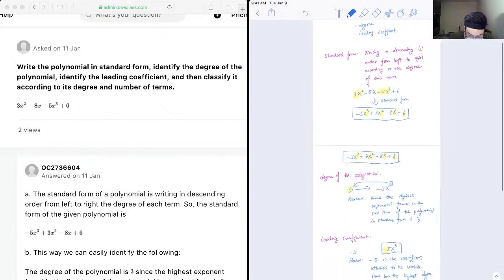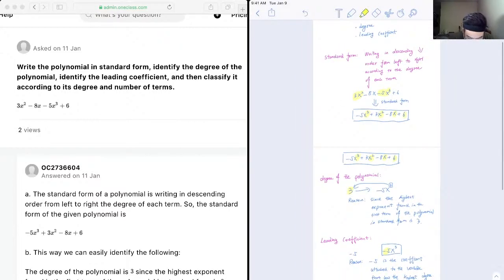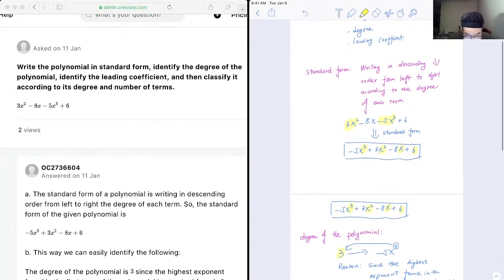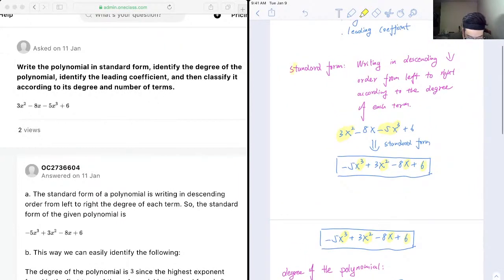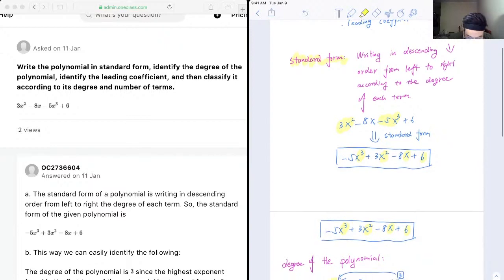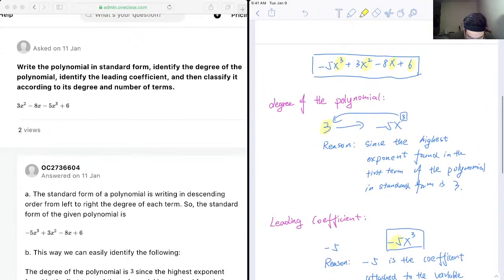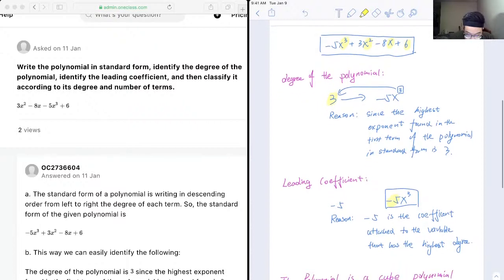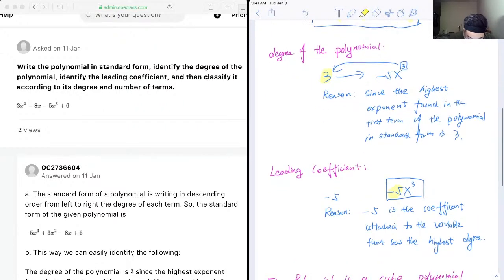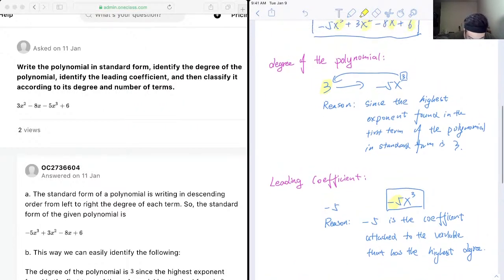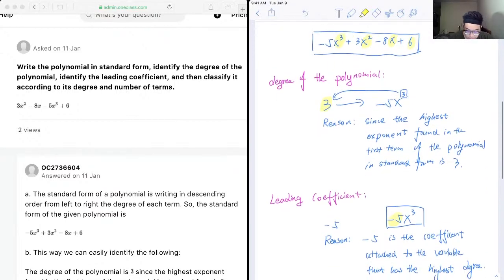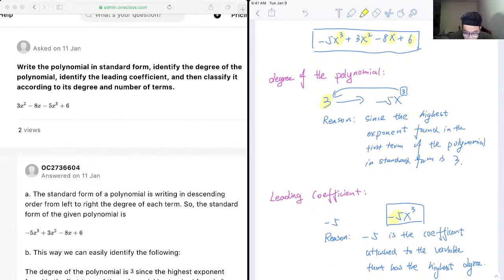Let's just review this again. First, we identify standard form. In other words, we need to write in descending order from left to right according to the degree of each term. In terms of the degree of the polynomial, in this case it will be 3, since the highest exponent found in the first term of the polynomial in standard form is 3.